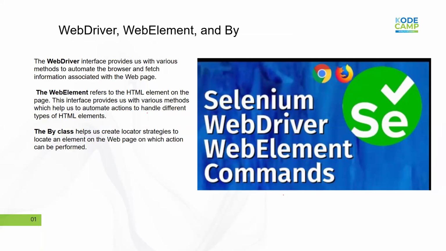Now, web elements refers to the HTML elements on the page. The interface provides us the various methods which help us to automate actions to handle different types of web elements. Now, if we want to interact with web elements, let's say for example, if I want to interact with the search bar, I will need to type.